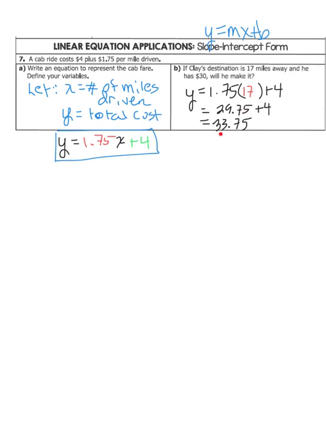So his cab is going to cost him $33.75, but he's only got $30. So you have got to answer your question in a complete sentence. Therefore, Clay will not have enough money.